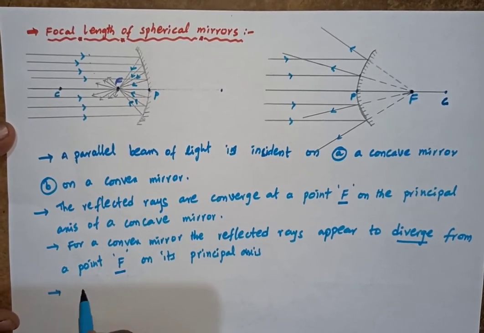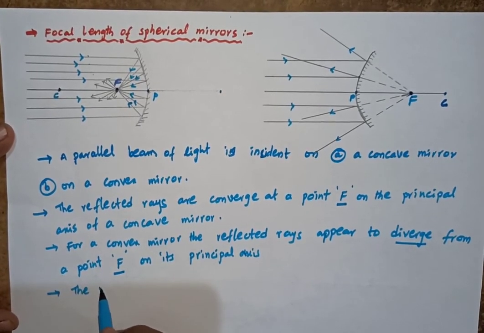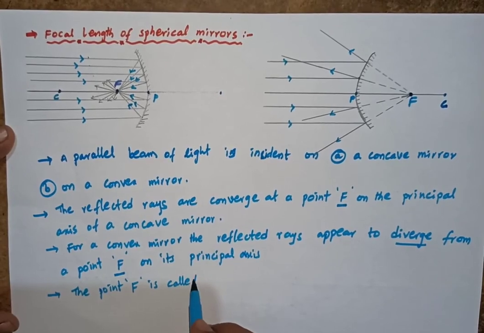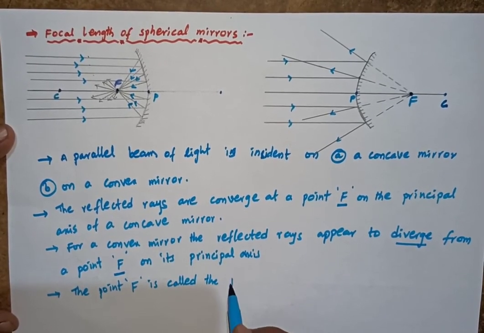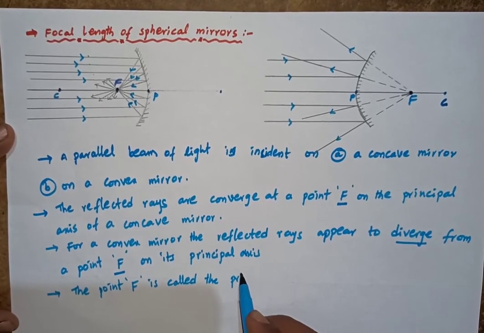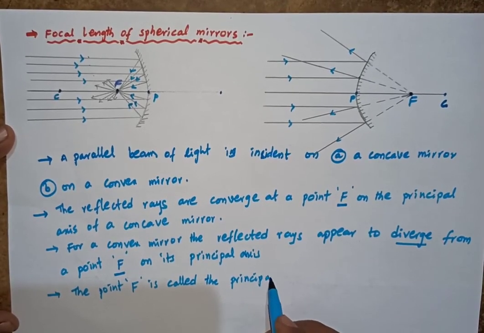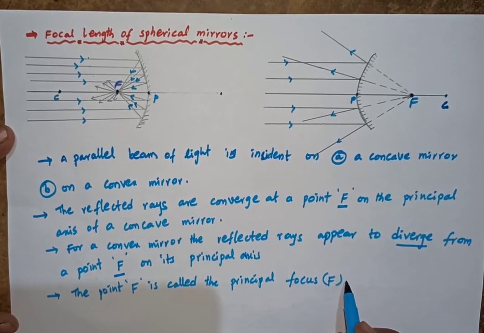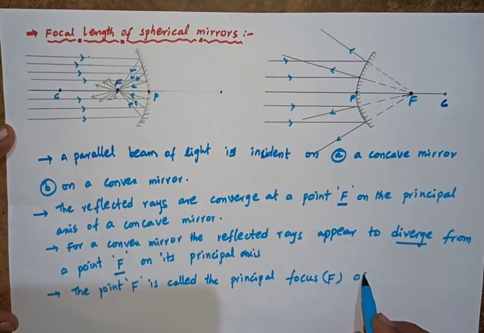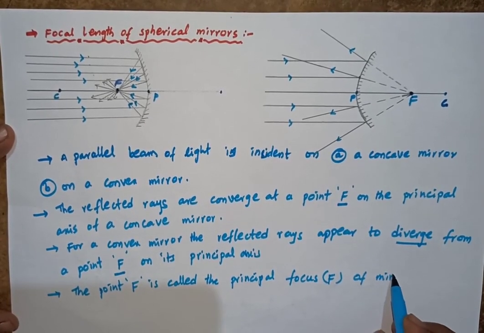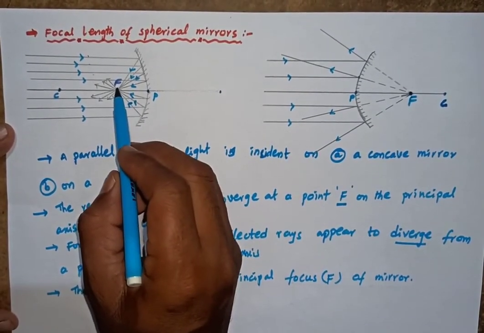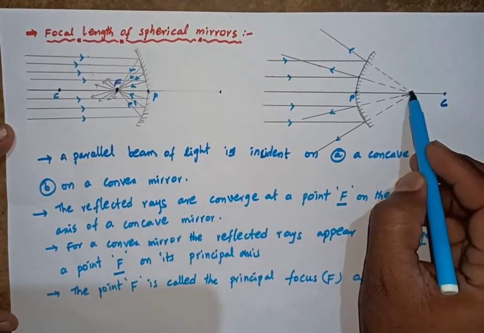The point F is called the principal focus, or it is also called the focus of the mirror. For a convex mirror and a concave mirror, there is the converge point and the diverge point.